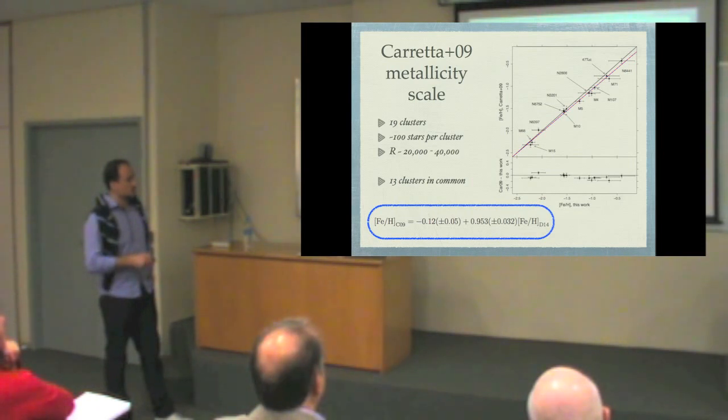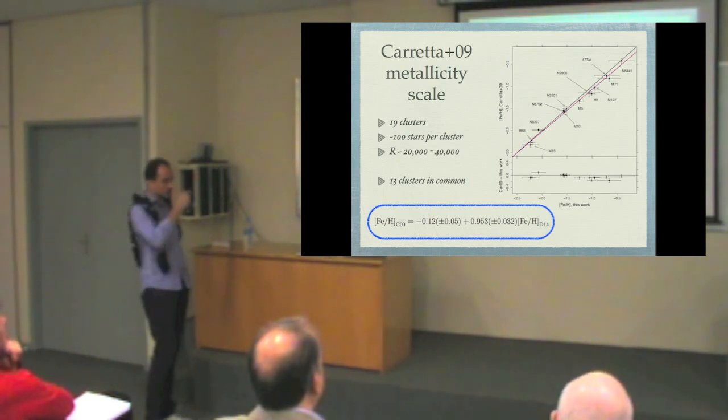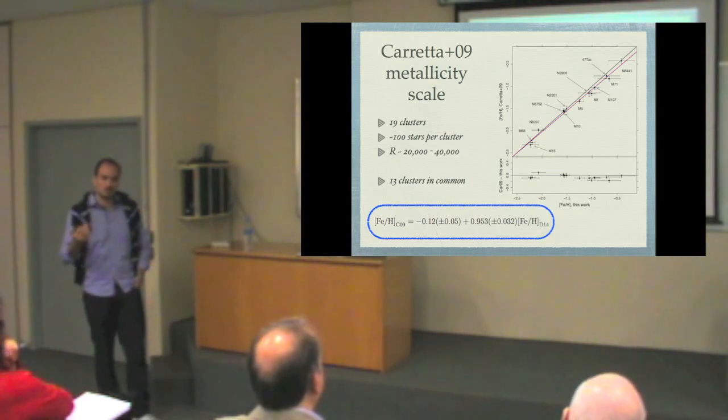And here is this work, and these are the Carretta derivations. You can see that it follows the trend very well, with some deviations for metal-rich clusters. This is due to some issues with the metal-rich stars that come from the libraries.